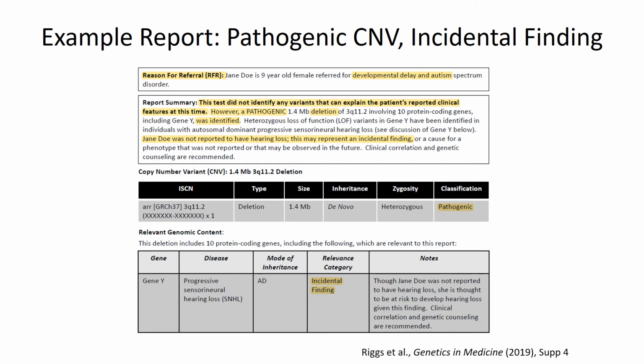Then it follows to describe the pathogenic finding and its interpretation with respect to the clinical findings provided. Lower in the report are distinct CNV classification and relevance category fields to make this information clear to both the patient's family and clinician.